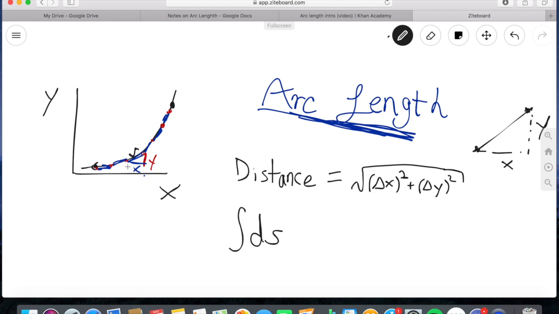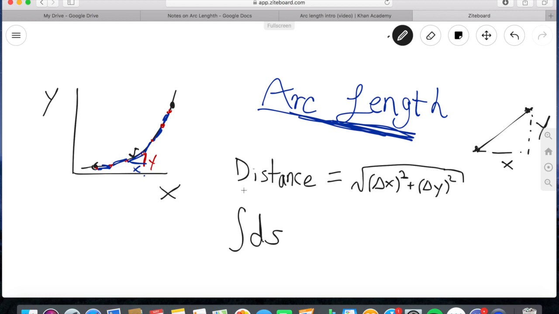We're using s right now, not x or y. We're just adding an infinite number of these little lengths, which is shown by the integral. A little note about notation: this triangle, delta, means change, and so does ds.